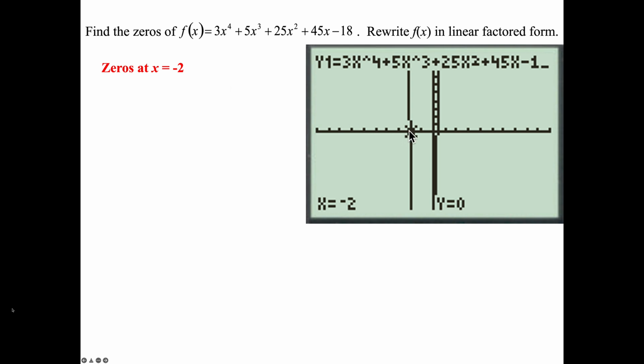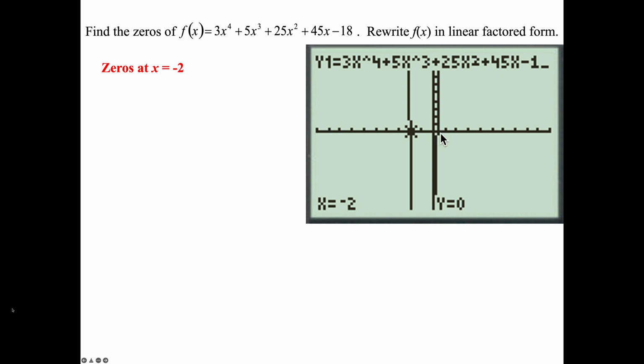Now, I'm not going to say I have to go out to negative 18 or positive 18 to find more zeros, because if you take 18 and divide it by 2, that's a 9. So from negative 9 to positive 9 should be the rest of our rational zeros. They're not here. So that indicates to me I have 2 complex zeros here. They're not going to show up as x-intercepts.